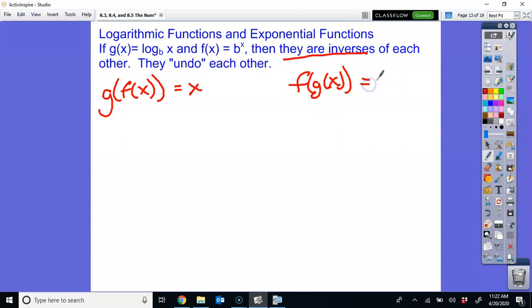They will cancel each other out to just x if they are inverses. So what that means for us with logarithms specifically is that if I have a logarithm base b for my g of x, and I plug in f of x into g of x, and f of x also has base b, then the answer to this is just going to be x always.